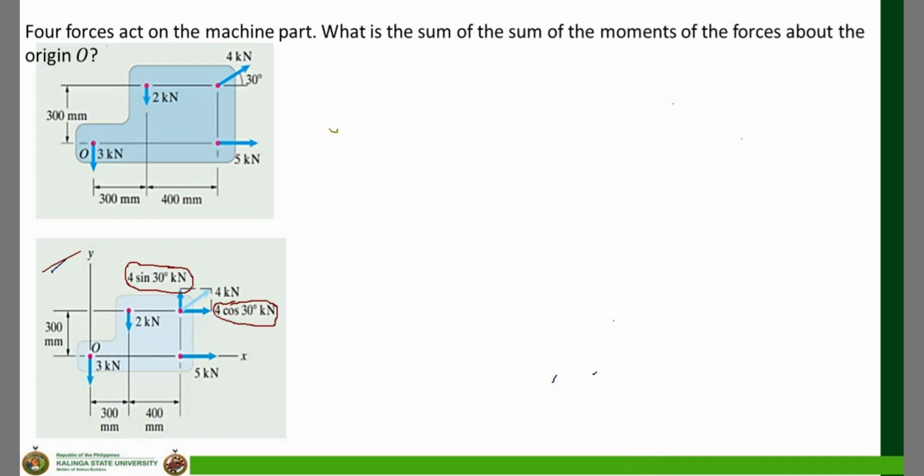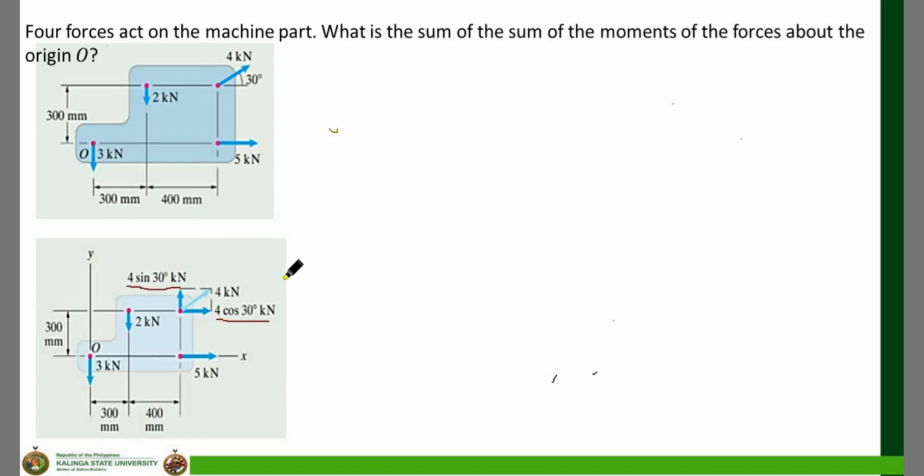When you see a force that is inclined, automatically it has Fx and Fy components. So here, 4 cosine 30 is the Fx of the 4 kilonewtons, and this is the Fy.